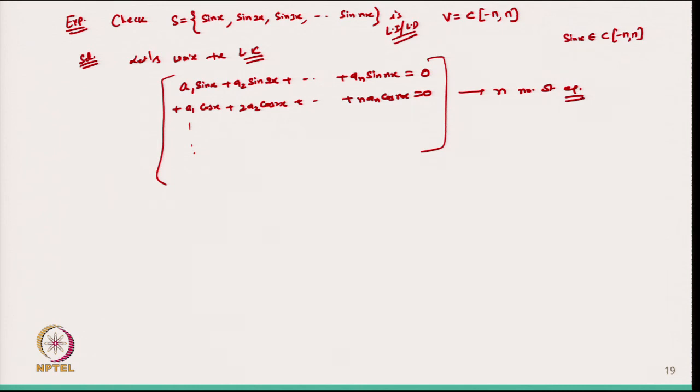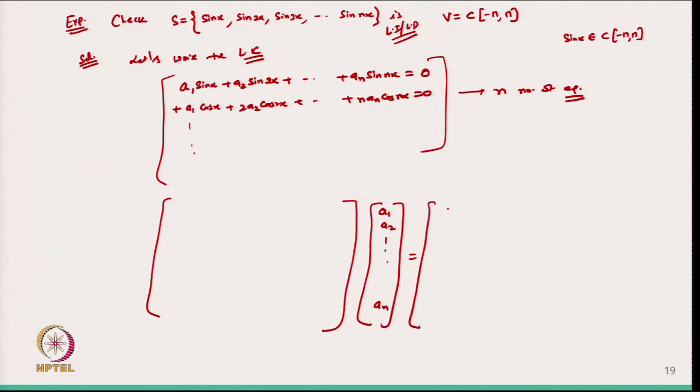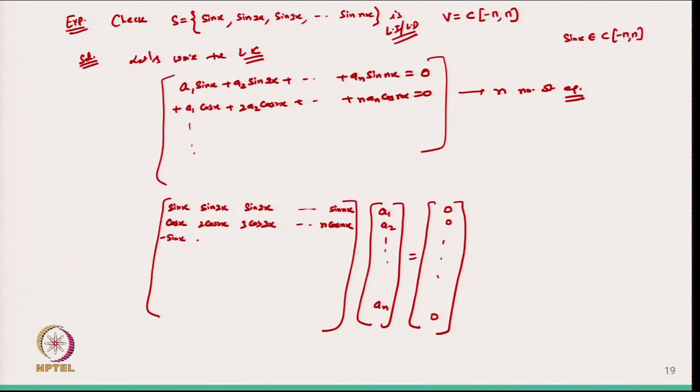If I write this, you will see I get a matrix of this form: a1, a2, up to an, equal to 0, 0, 0, and here I have sin x, sin 2x, sin 3x, up to sin nx, then cos x, 2 cos 2x, 3 cos 3x, n cos nx, then minus sin x, then minus 2 square sin 2x, like this.